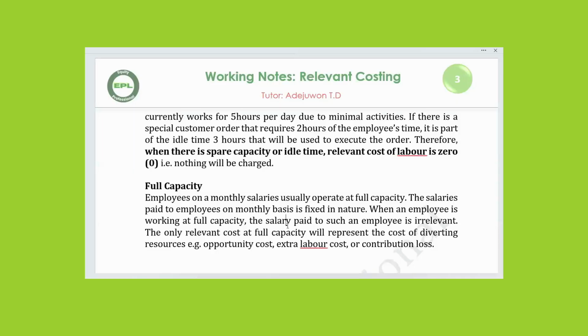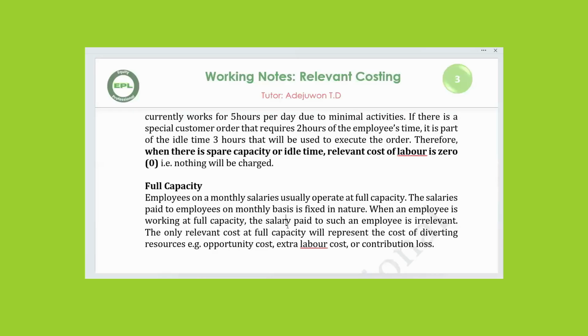So if the supervisor leaves the current task to come and supervise this special order because of on-time delivery of the job, there will be loss of productivity, because where the supervisor is currently working, he will not be there to supervise the current employees. As a result of moving from one position to another, there will be low productivity. That is diversion of resources. So that will result in low productivity.